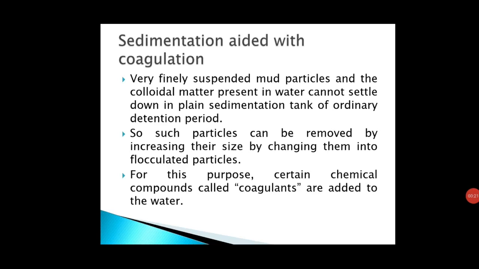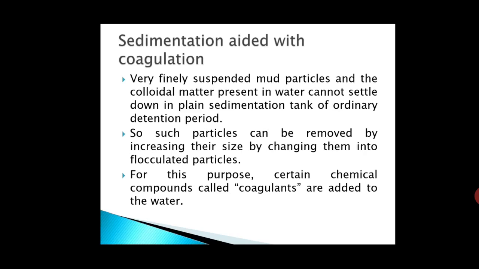As you know, most of the public water supply projects are using surface water as the main source, and this water is turbid and contains many suspended impurities. It also possesses color, which may be due to colloidal matter present in water.